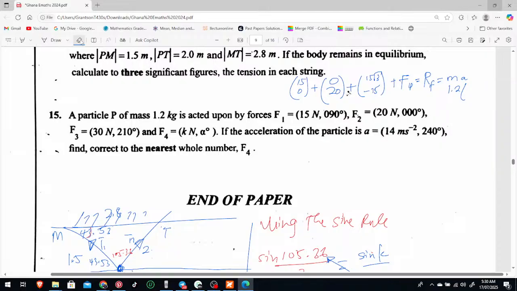So we'll be adding the forces, and let's see what we get. So over here 1.2 kilogram.